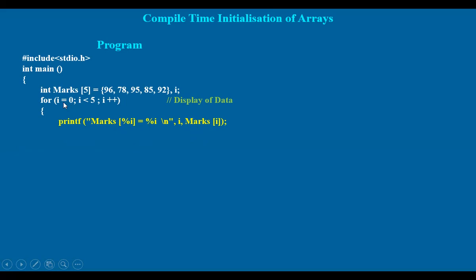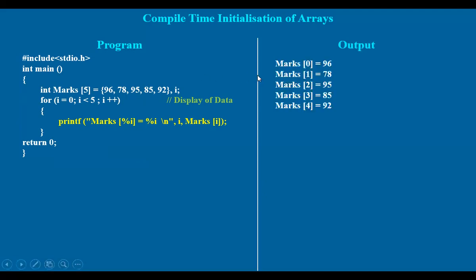So when i takes 0 to 4 values, that is 5 times, we are going to display whatever the data is given in the program here. Initially we have assigned these values to this array called marks. Now let us compile this program and execute this, and you get the output like this. So all the elements of this array are displayed like this.